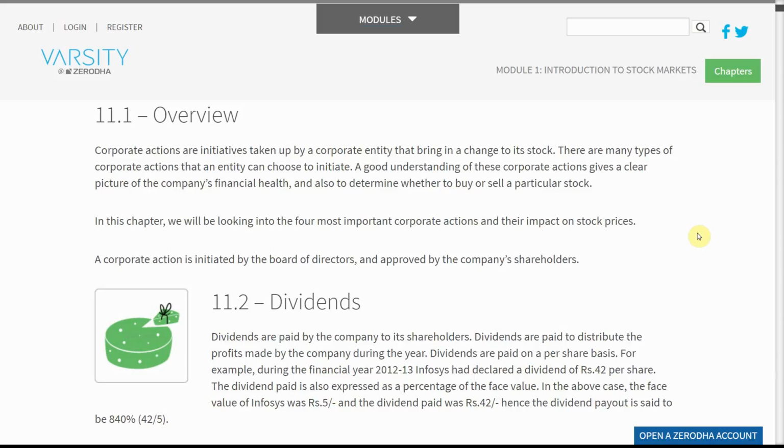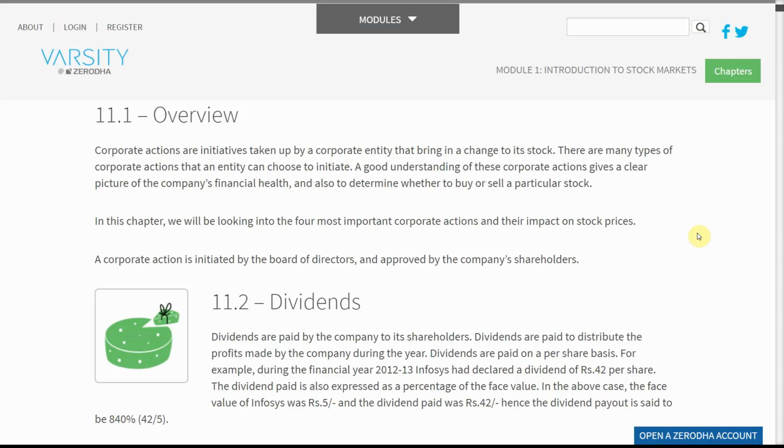11.2 Dividends. Dividends are paid by the company to its shareholders. Dividends are paid to distribute the profits made by the company during the year. Dividends are paid on a per-share basis. For example, during the financial year 2012-13, Infosys had declared a dividend of 42 rupees per share.